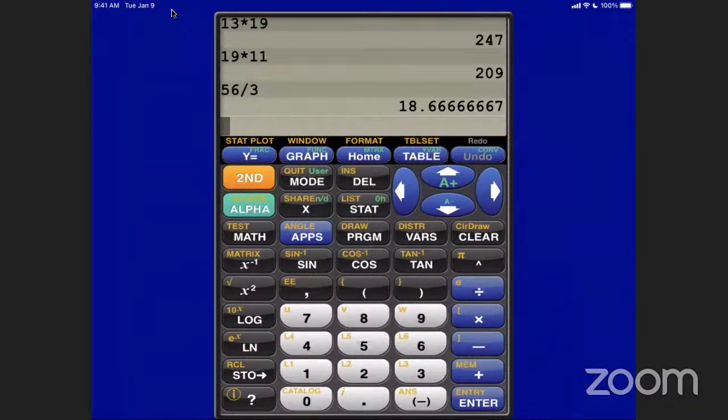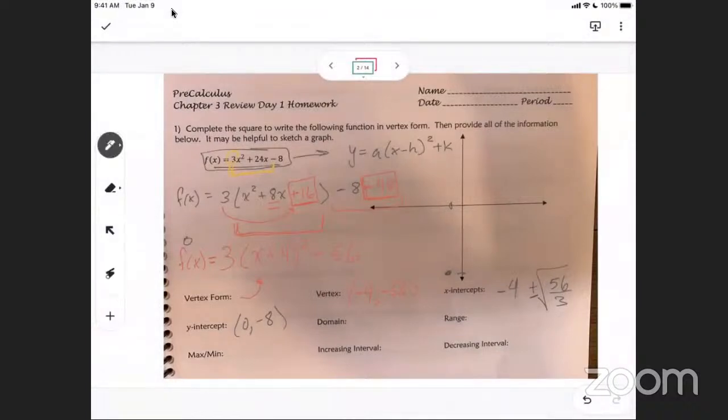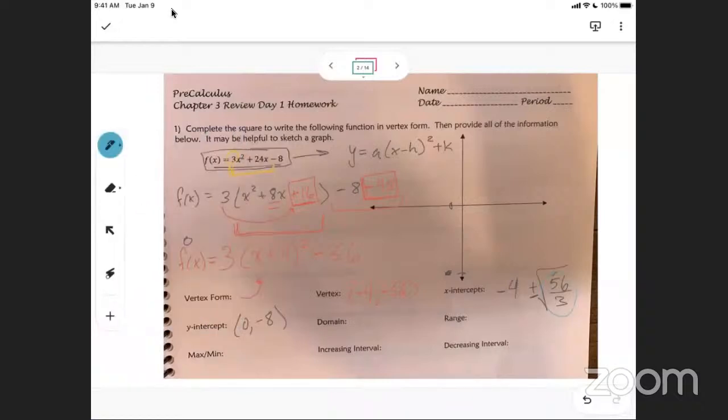So the square root of 18, well, think of the perfect squares around 18. I don't need an exact number. This is roughly 18. Well, it is 18 and 2/3.